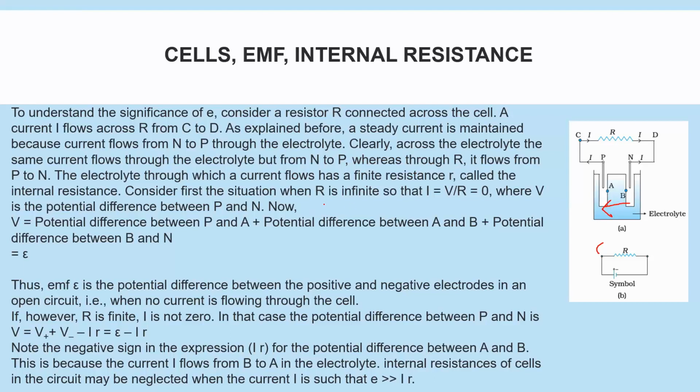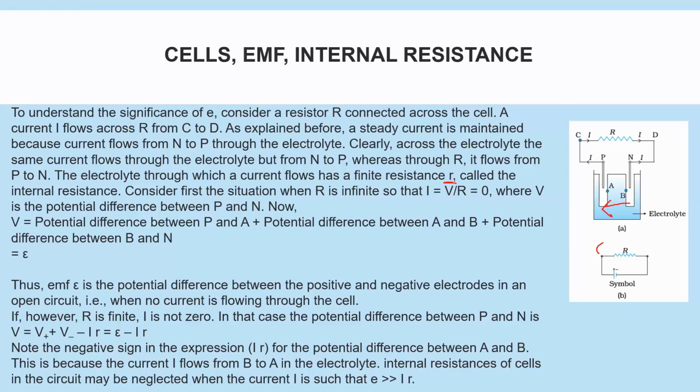Now, when there is a finite resistance r of the electrolyte, which we did not consider earlier, we call it r. That is the internal resistance of the cell.